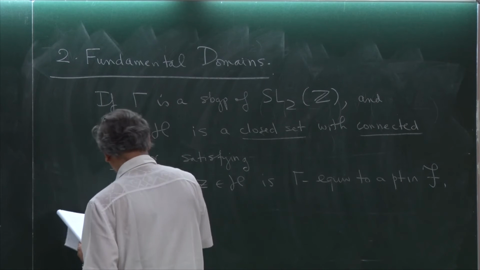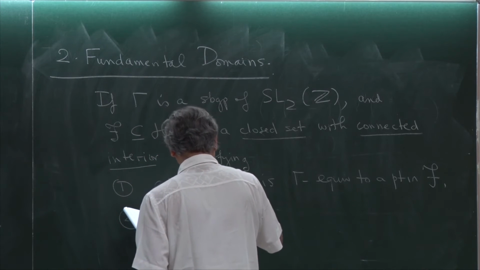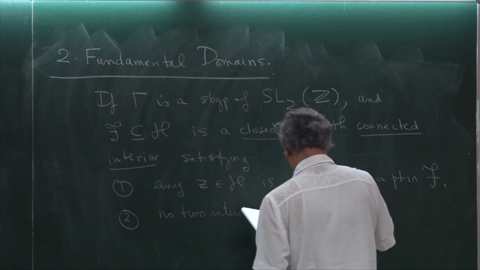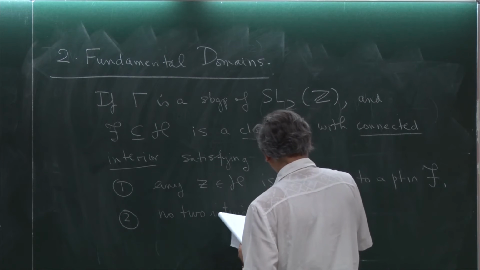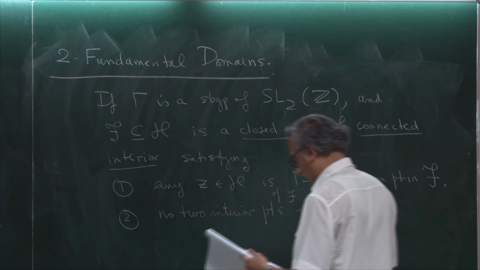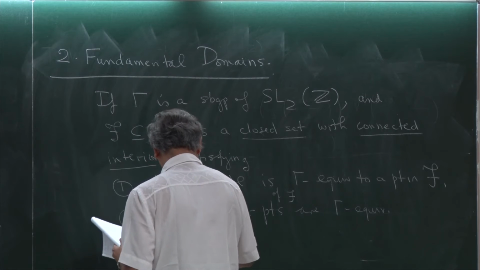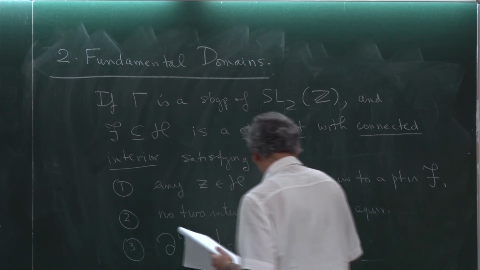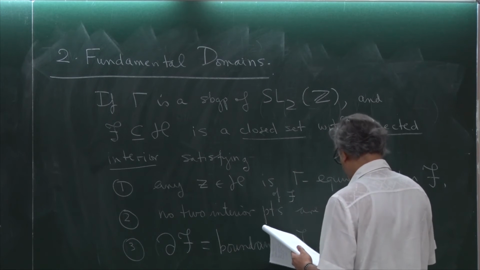Two, no two interior points of F are gamma equivalent. And three, the boundary of F is a finite union of smooth curves.